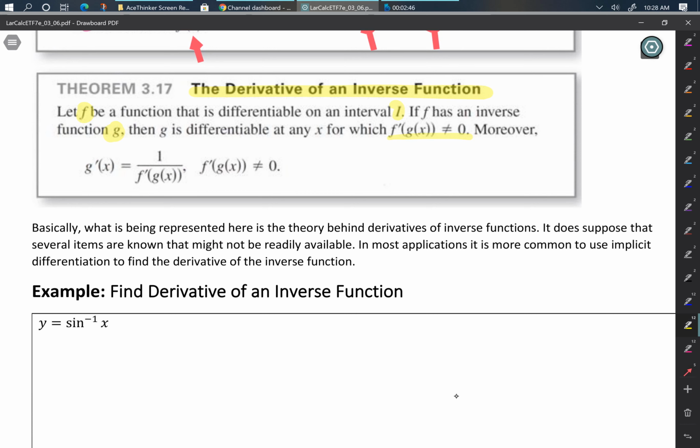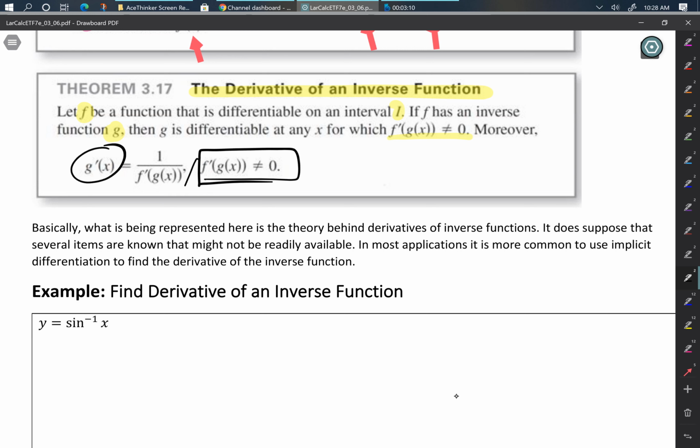And moreover, the derivative of g can be found by taking 1 divided by f prime of g of x, provided that the chunk downstairs is not equal to 0, because you can never divide by 0.